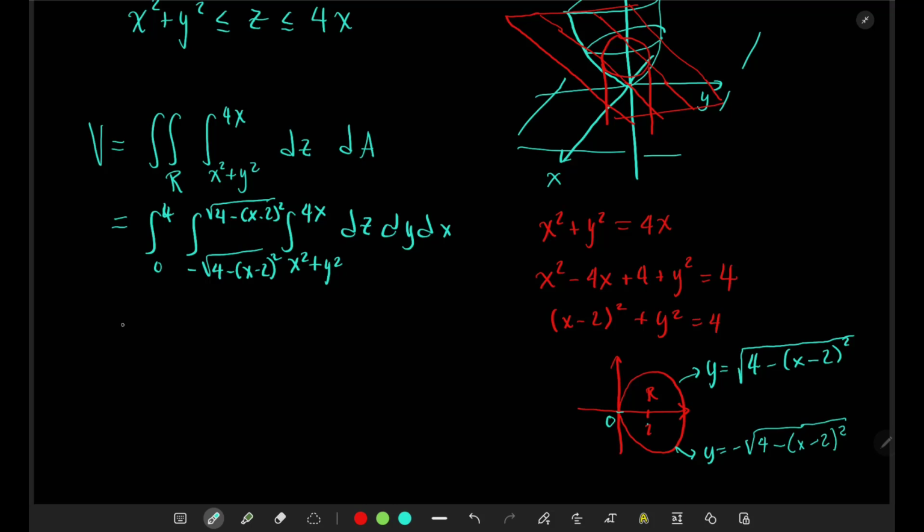So let's change the order of integration for this one. Let's say that suddenly we're going to decide, for whatever reason, that the first integral is going to be numbers only. So let's give ourselves some room here, and let's change the order and leave the z alone.